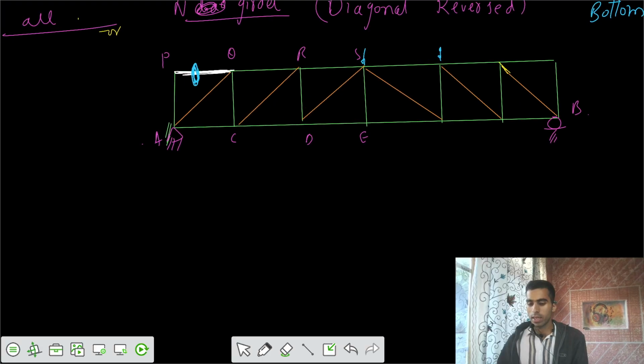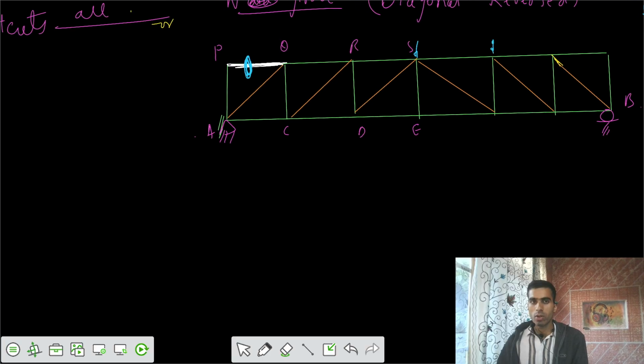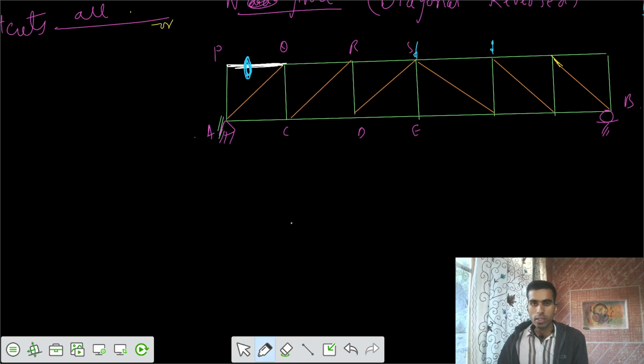Now the second case is the diagonal RC. Let's talk about RC. This is your RC. Let's separate it out and take it out. Let's look at the triangles related to RC. What are the two opposite sides of the triangle?